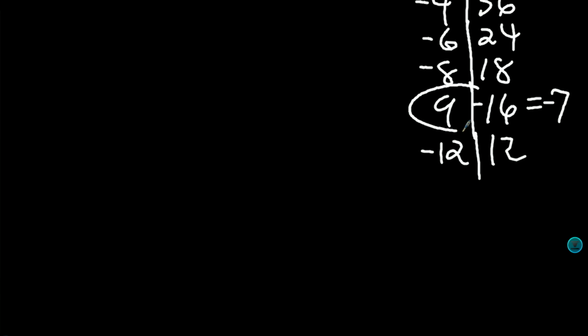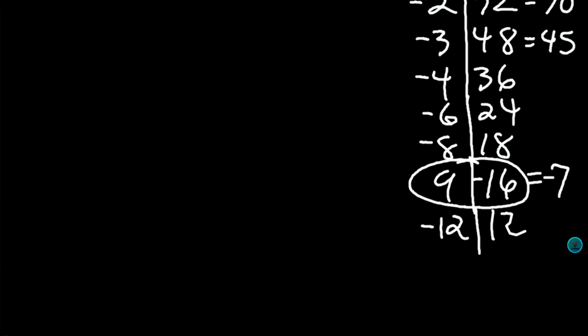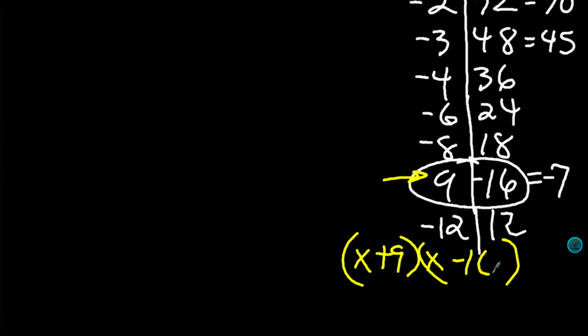There are the desired factors that we want. So now we factor into our binomials. Remember, the factors of x squared are x, and then our factors that we found up here are plus 9 and minus 16. All right, so we found our factors. Remember, that was our second step, to factor.